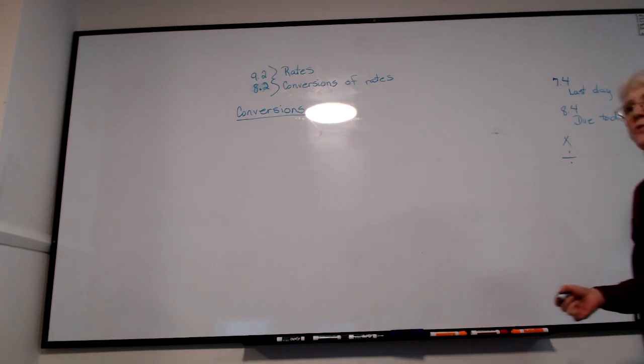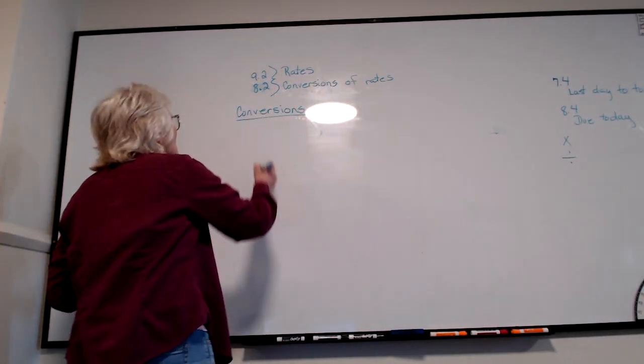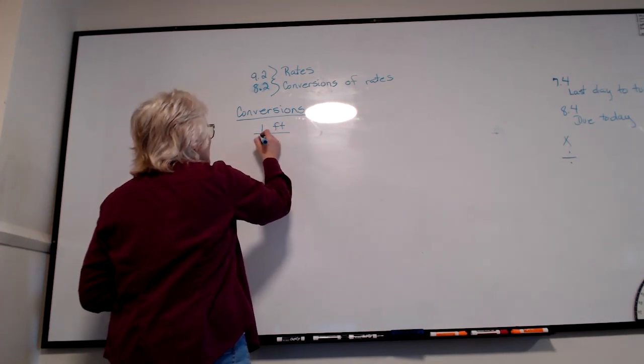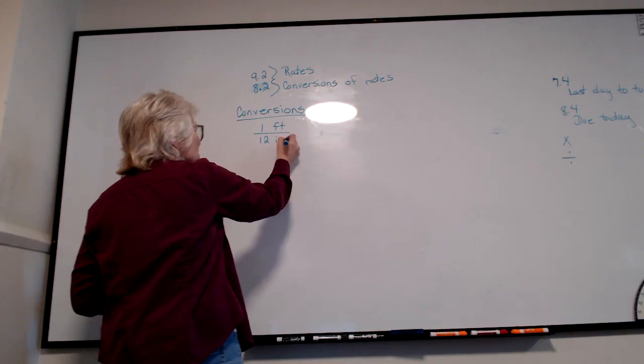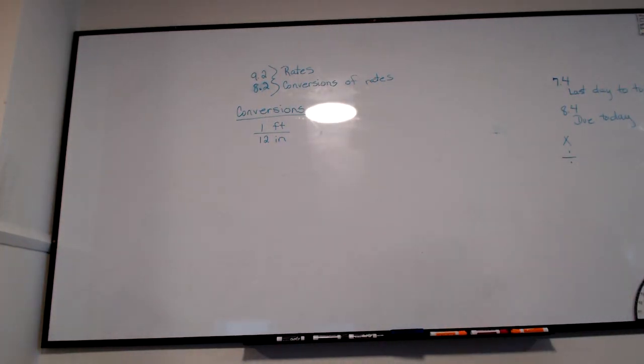So we know some conversion rates. Let's talk about them. I can say that 1 foot is equal to 12 inches. Is that correct? Is 1 foot the same as 12 inches?